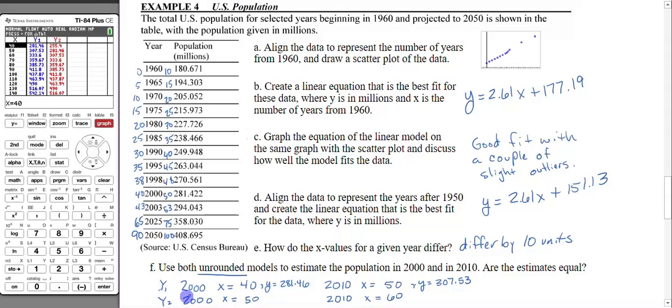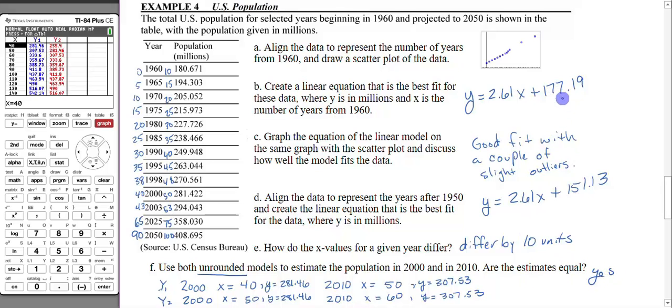For Y2, the year 2000, we have to use an x of 50 because of the way that we aligned the inputs. So 50, we get 281.46. And then in 2010, for that Y2 model, we have to use an x of 60, and we get 307.53.